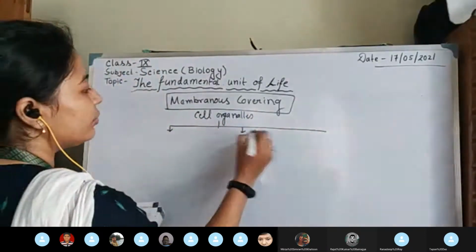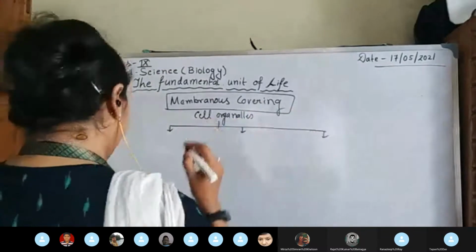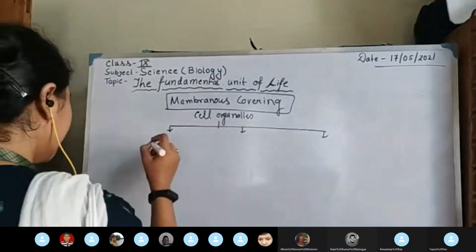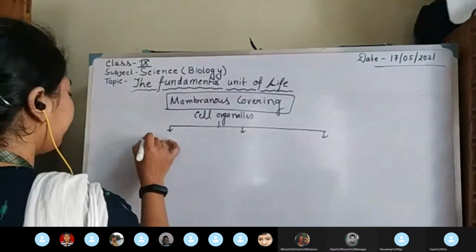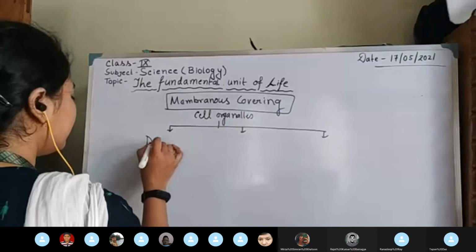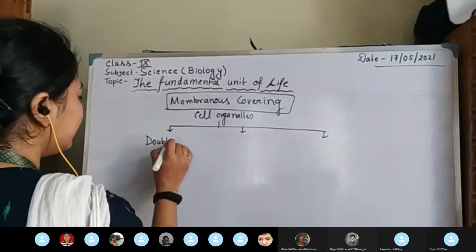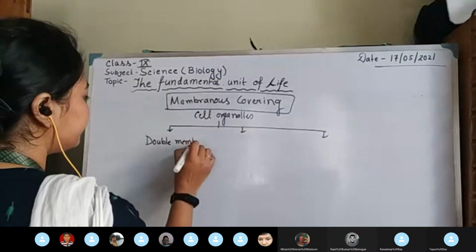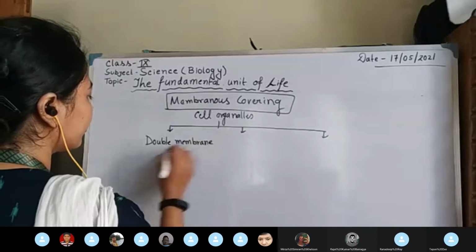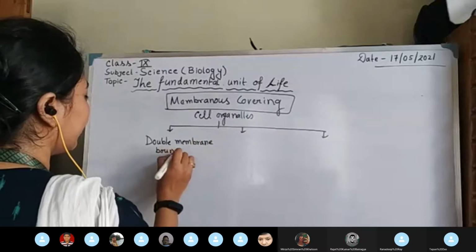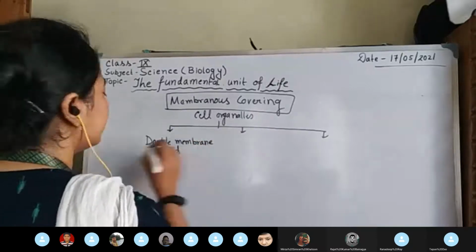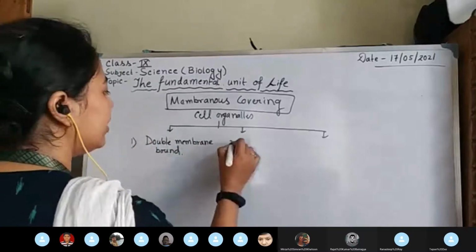Okay, you can note down what I am writing on the board. First one is double membrane bound organelles. Okay, this one is the first category.